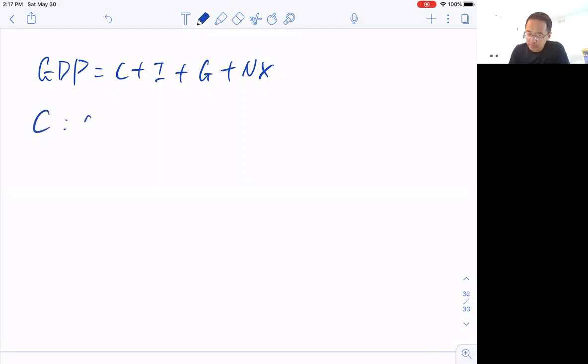C, if you remember, stands for consumption. Consumption comes from private spending of households. So this is what consumers spend. Now, instead of just looking at a sum of dollars, saying this is how much consumers are spending this year in our GDP, what we can do now is look at what affects consumer spending.